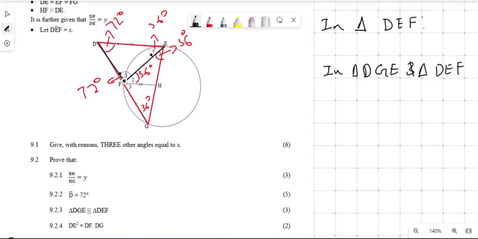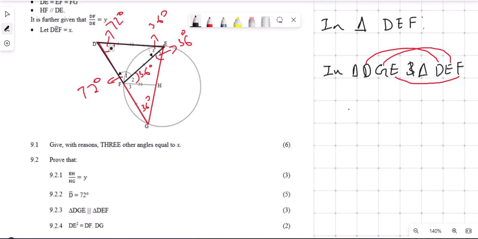Okay, so look what I'm going to do. Look at D and D. D is common in both triangles.